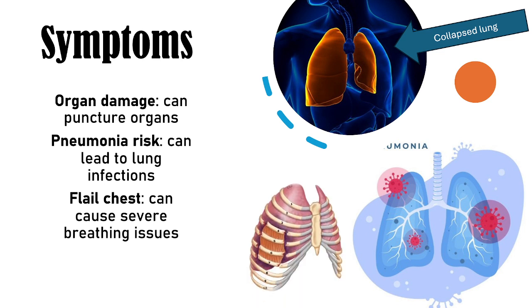Flail chest structure. Fractured ribs and bone segments can induce improper movement of the chest wall, causing intense breathing difficulties. These effects can cause major discomfort affecting everyday life, hindering effective breathing, basic movement, adequate sleep, and emotional stability.